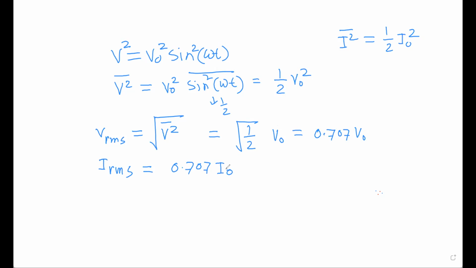Now, why do we need VRMS and IRMS? We need them because the household power outlet in the United States and Canada gives us 120 volt AC, and this 120 volt AC means the RMS value. In some numerical problem you may be given that a device is connected to the power outlet of your house and that is giving you 120 volt AC.